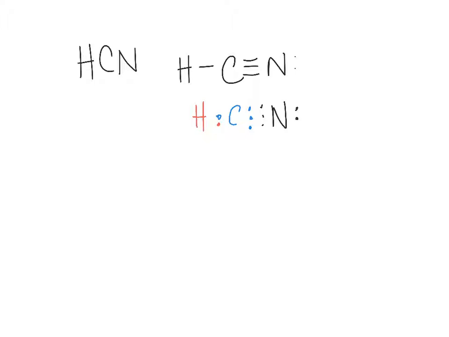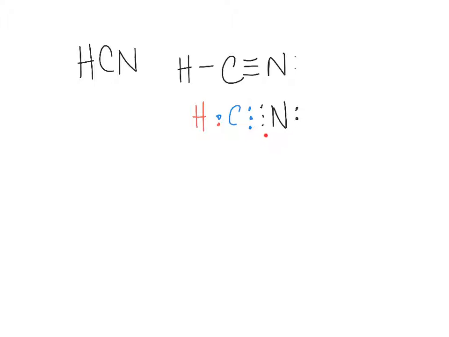So what this does for each of these atoms, guys, is it allows them to have their valence shell full. Hydrogen wants how many total? 2. So here, your hydrogen is surrounded by 2 electrons. Carbon wants 8.